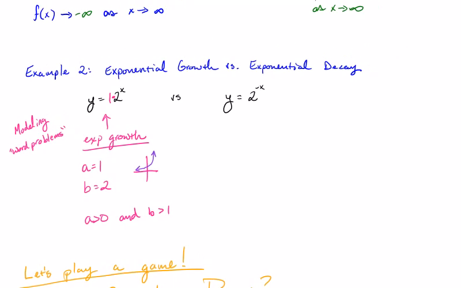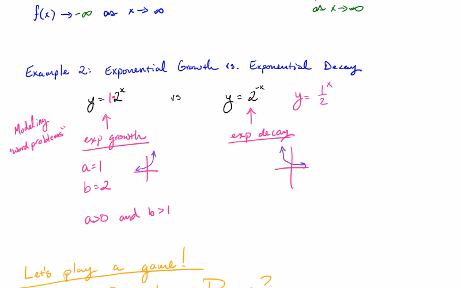The second one is exponential decay. Now, why is this exponential decay? Well, the negative exponent does things to this whole thing. So another way to write this would be y equals 1/2 to the x. We graphed that earlier, and the graph looked like this guy.